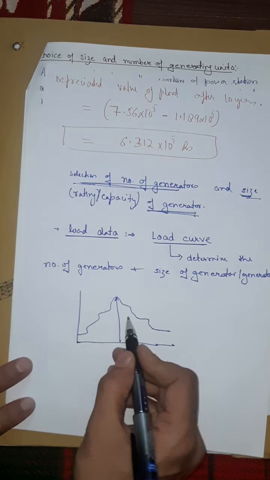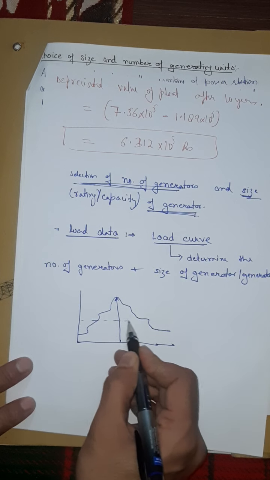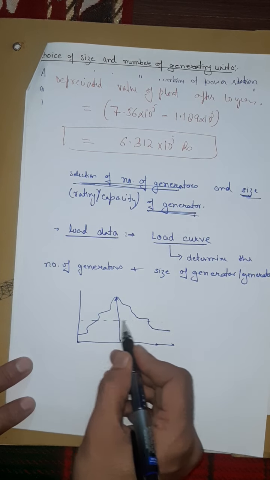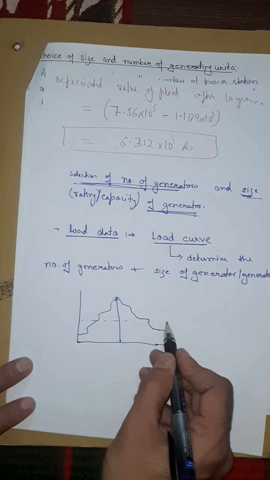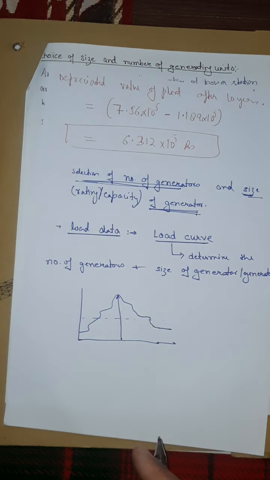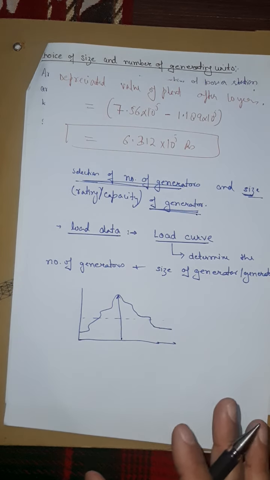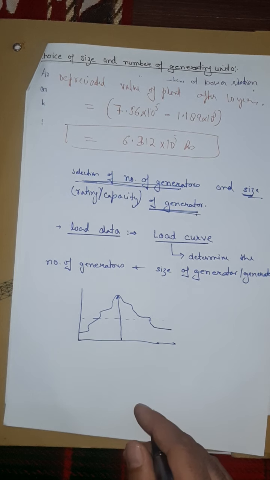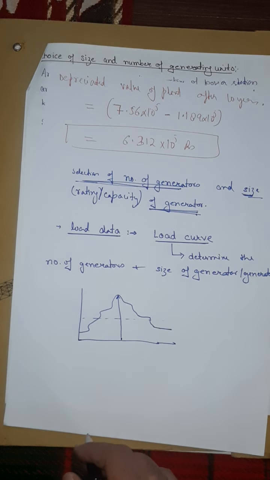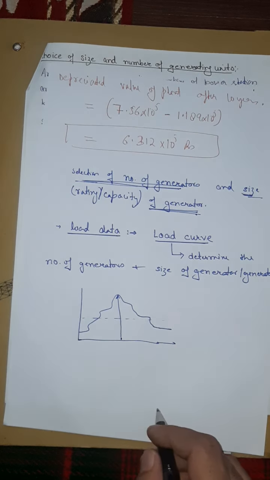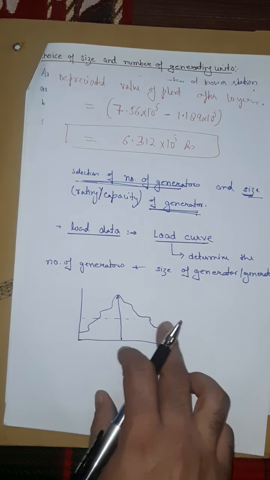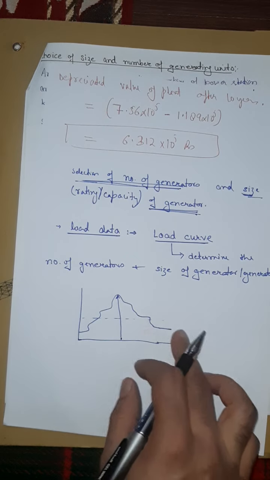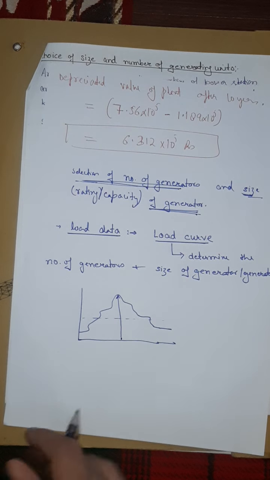However, for the majority of the time, this generator will operate at a capacity below 50%. Means if x is the capacity of this generator, then for the majority of the time it is operating at 0.5x. So it is not economical.